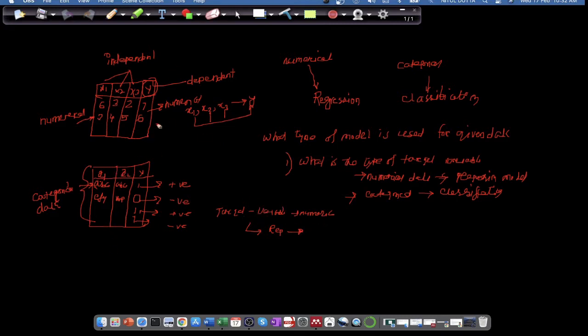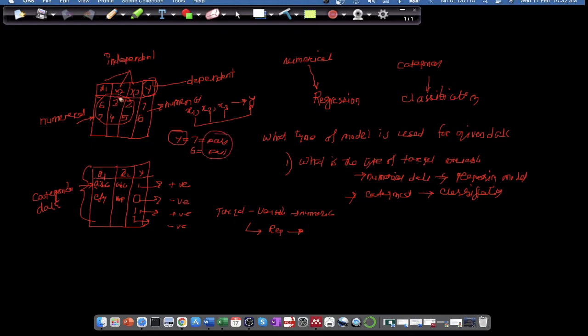For example, say this is the marks, then instead of 76 we write say 70. This 7 is considered a pass mark, this is a fail mark. Then instead of 7 we want to represent 7 as pass and 6 as fail. In this case, data is numeric, and target is also numeric, but we want to represent it in the form of categorical.